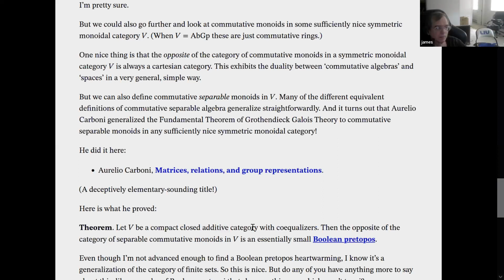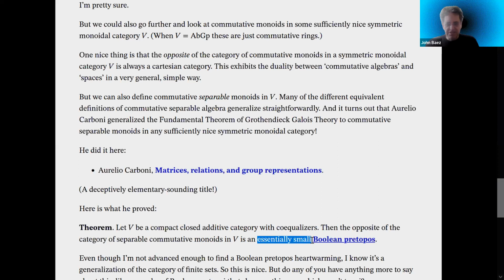But anyway, with those pretty weak assumptions, he gets something which I do not understand, which is that you get, oh, sorry, I should have removed this word essentially small here, actually. You get something people call a Boolean pretopos.